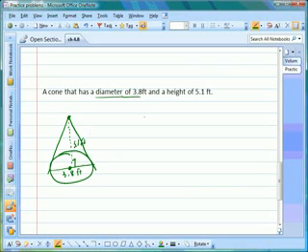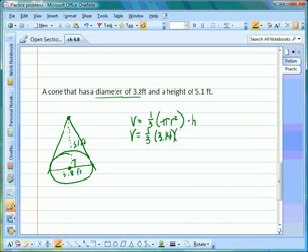And then I'm going to go ahead and start off with my formula. V equals 1/3. Area of a circle is pi r squared times the height. Fill in the numbers. There we go, 3.14 for pi, r squared.